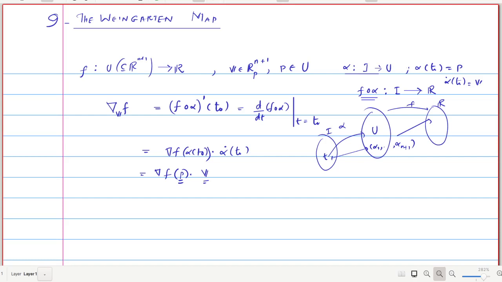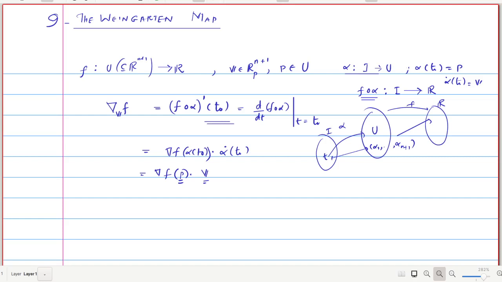Okay. That means in order to define the derivative of f along V, we choose a parameterized curve alpha. You can choose any arbitrary parameterized curve alpha from this I to U such that alpha of t naught is equal to P and alpha dot t naught is equal to V. In this case, del V f can be defined in this manner, and the final value will be independent of that alpha.